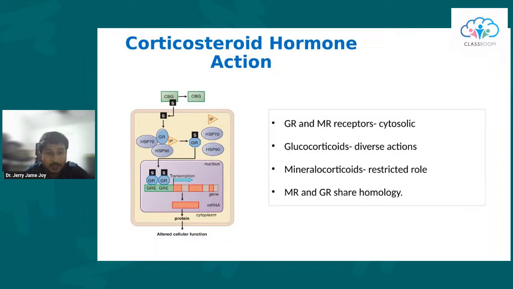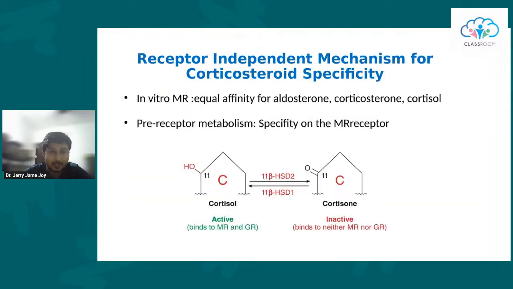However, mineralocorticoids have a restricted role, and mineralocorticoid and glucocorticoid receptors share homology. They have almost similar structure and differ in only a few sequences. So there are chances that cortisol at higher levels can bind to mineralocorticoid receptors and produce a mineralocorticoid action also. Studies have shown that in vitro the mineralocorticoid receptor has an equal affinity for aldosterone, corticosterone, and cortisol.